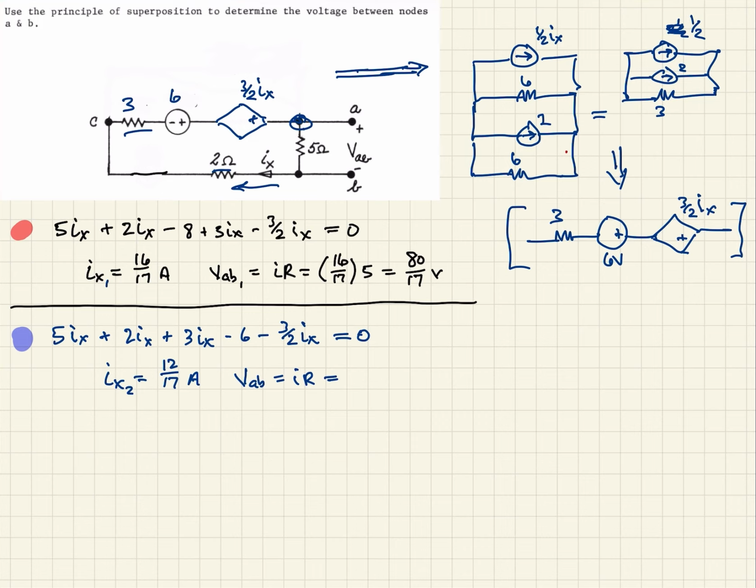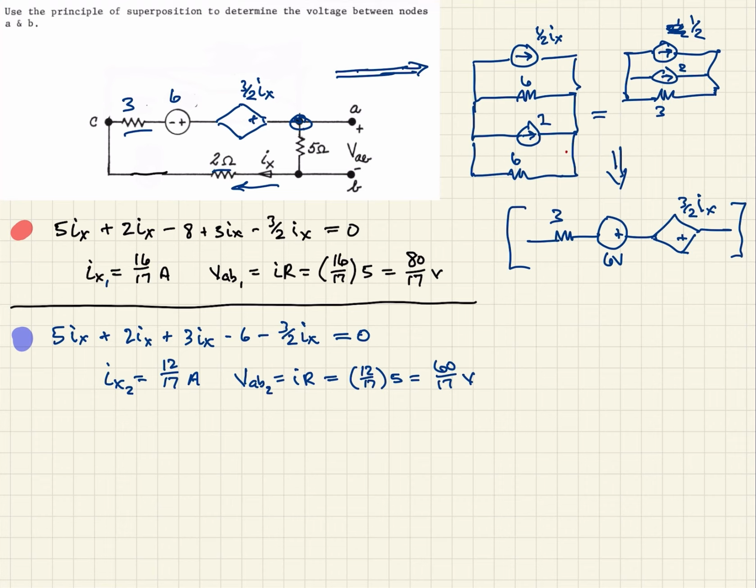Again, where I is our Ix. So in this case, it's 12 over 17. This will be from the second source. And then that's times our resistance, which is 5. And so we're left with 60 over 17 volts.